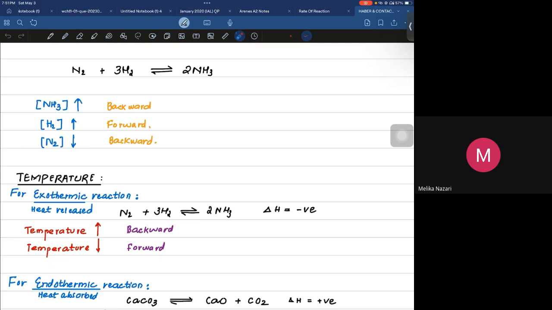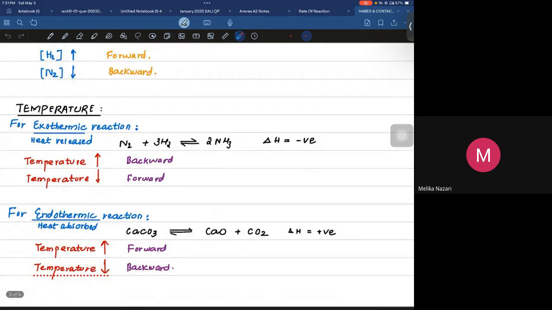Okay. Then we have endothermic reaction. Endothermic means they absorb heat. So let's suppose I have a piece of ice and I'm going to keep that piece of ice in a room having a higher temperature, which means the ice is going to melt easily. I'm going in favor of the reaction.